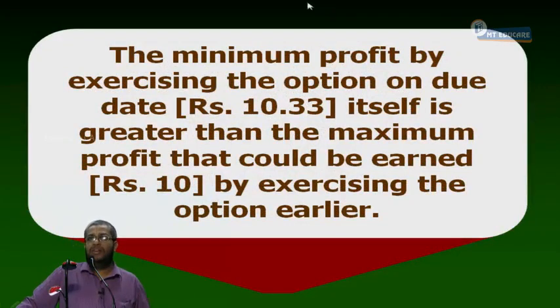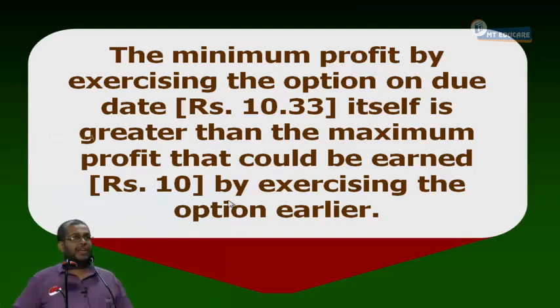The minimum profit by exercising the option on due date, bracket 10.33, itself is greater than the maximum profit that could be earned, at rupees 10, by exercising the option earlier. Are you following or not?